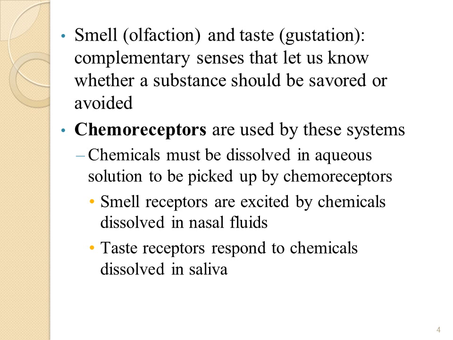So smell, or olfaction, and taste, or gustation, are complementary senses that tell us whether substances should be savored or avoided. Because they work through chemical receptors, the substance will be savored or avoided depending on the sense.